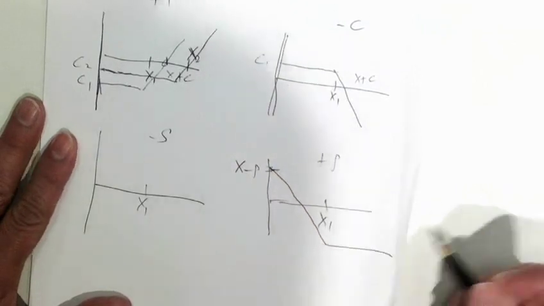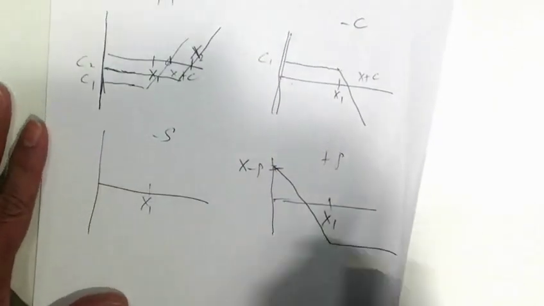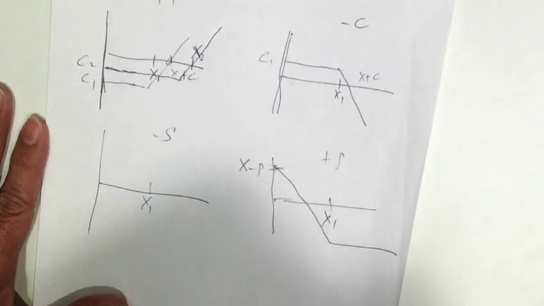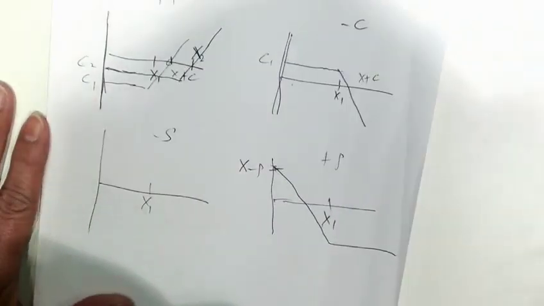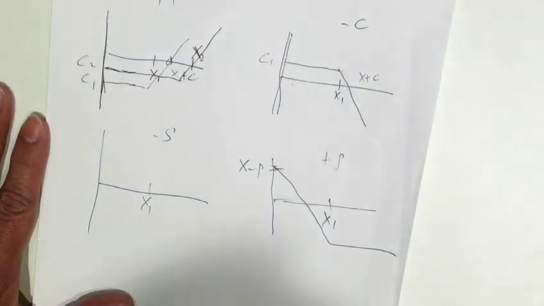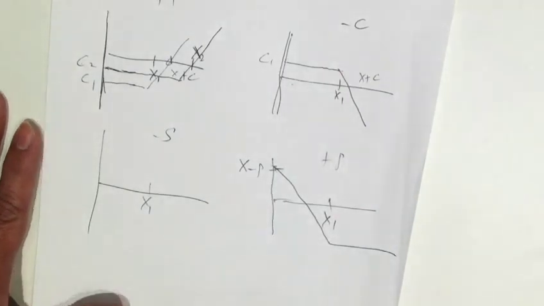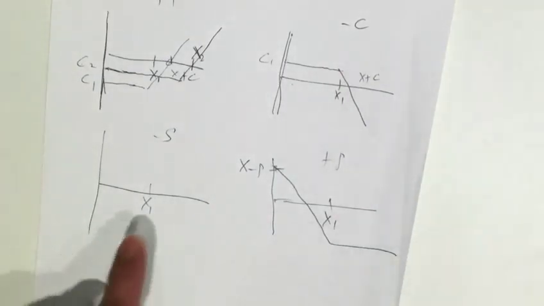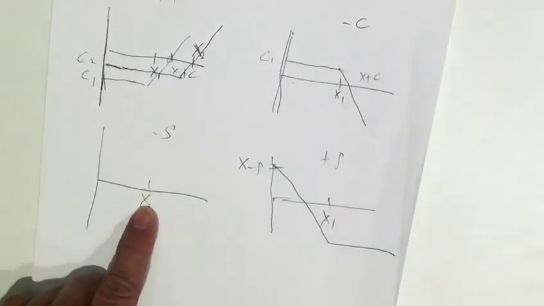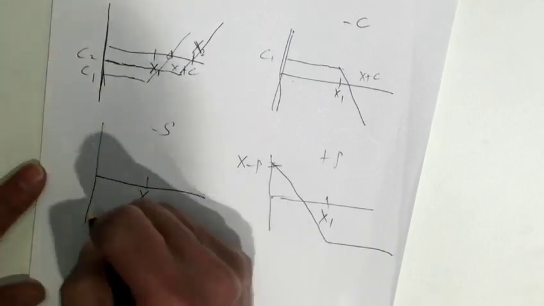Okay, very good. So short a put. When the stock price goes below X, do you make a profit or loss? You make a loss, right? Because the person who long the put is going to exercise it when the stock price goes below X, right? So you're staring at a loss. What's the maximum loss?